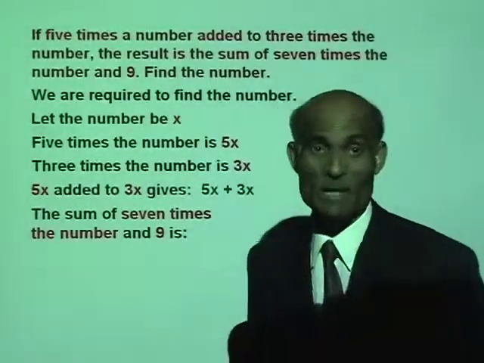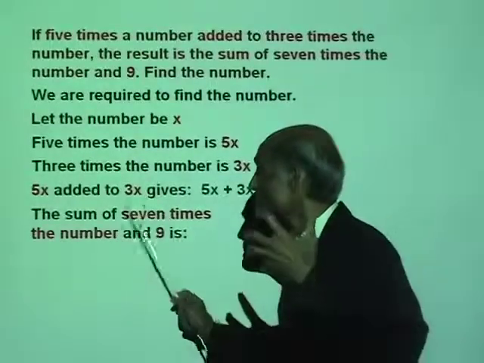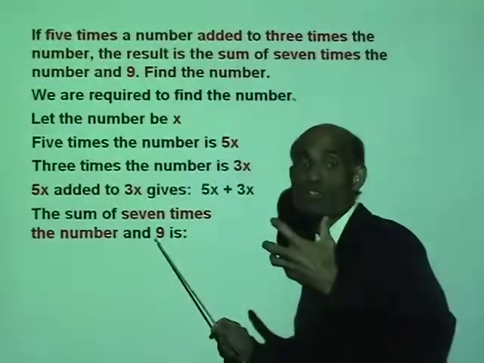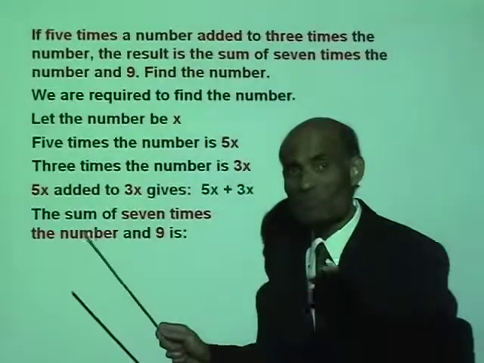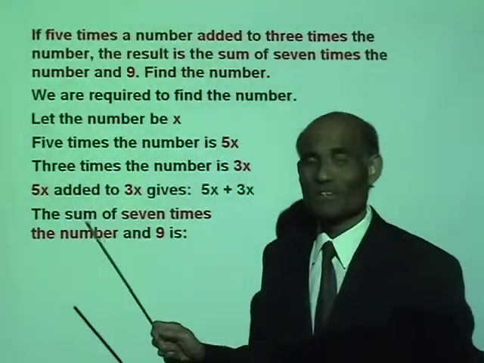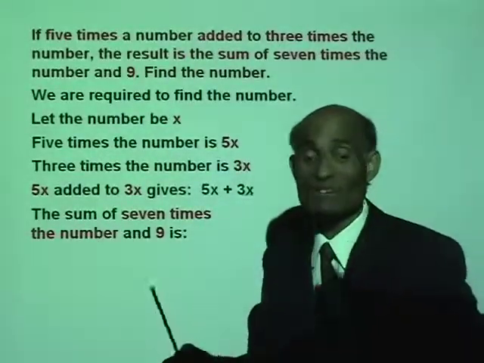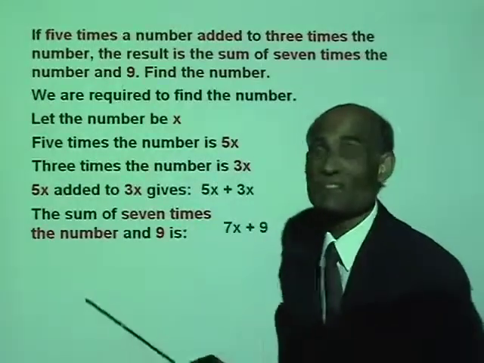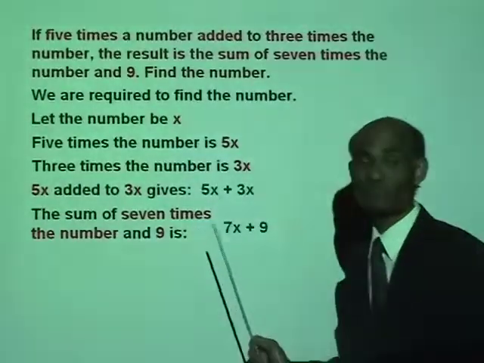I'm sure you can tell me that. The sum of 7 times the number and 9. 7 times the number is 7x. The sum of 7x and 9 is 7x plus 9.